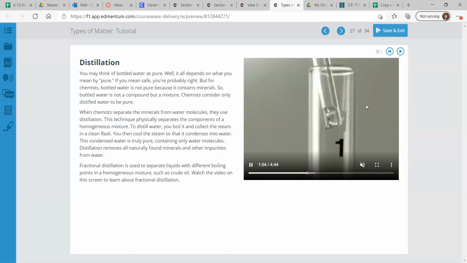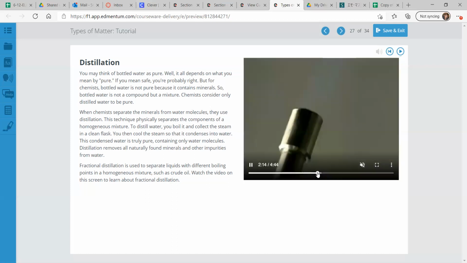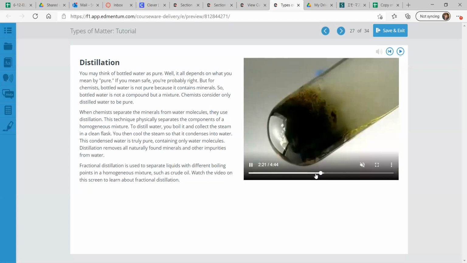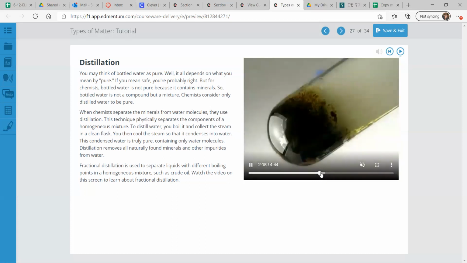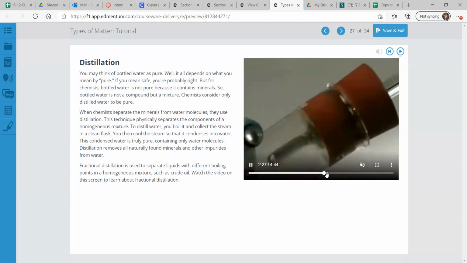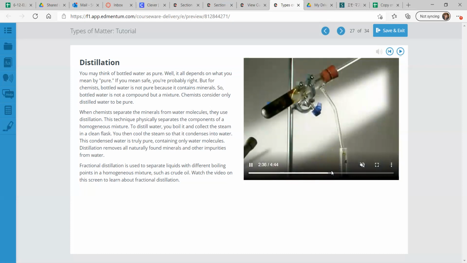It evaporates and then is placed into this flask. And then in some cases, they use a Bunsen burner to heat it. And then it's distilled further.